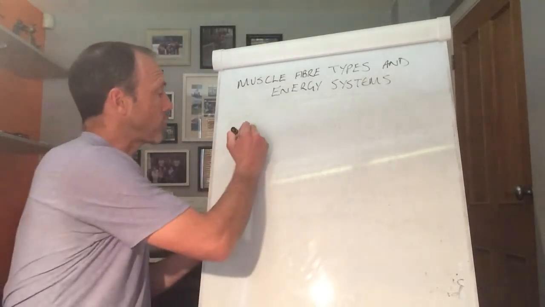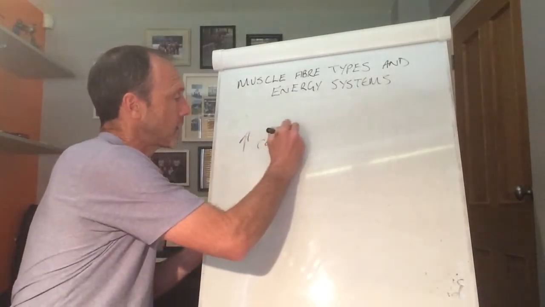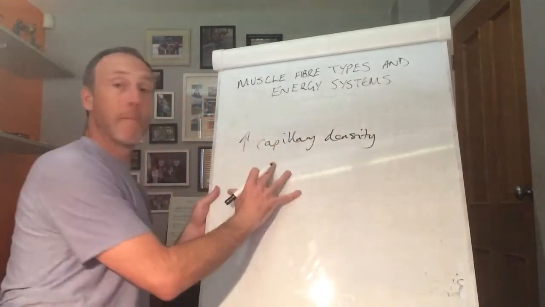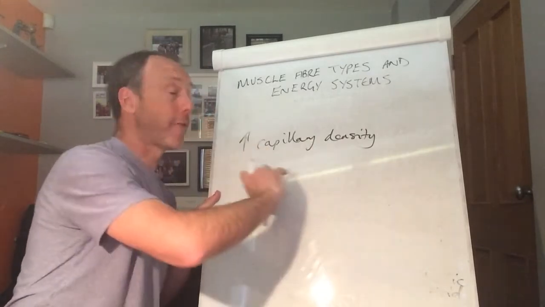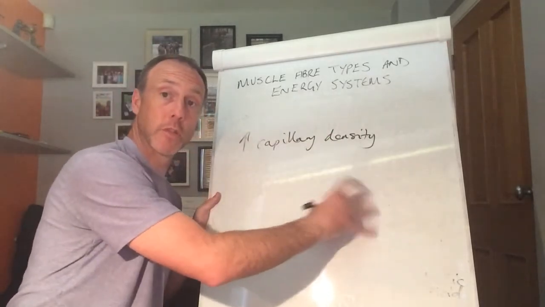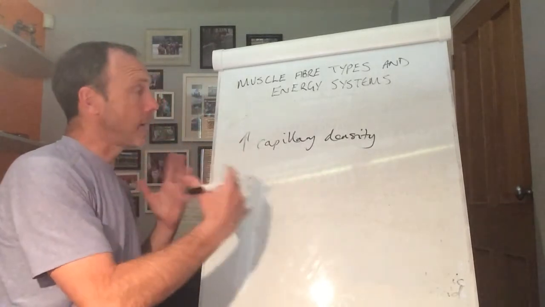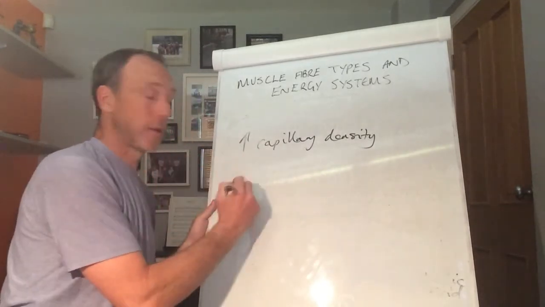So first and foremost, we have a high capillary density. That means we are delivering a lot of oxygen, far more oxygen to slow twitch muscle fibers and slow twitch motor units than we are to fast twitch motor units. So we are able to deliver a lot of oxygenated blood.